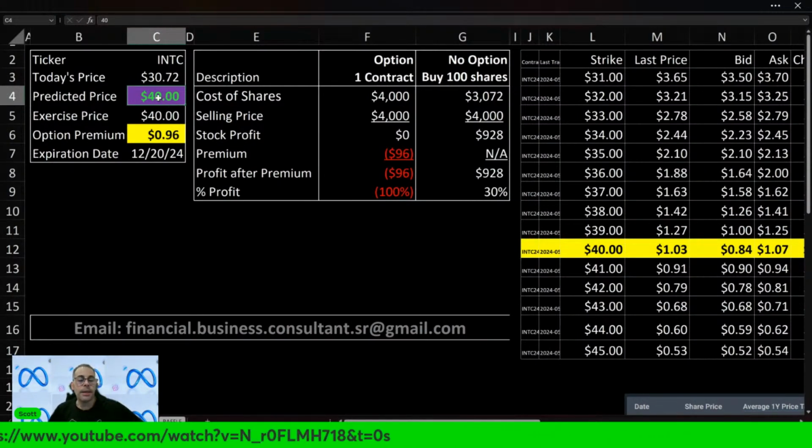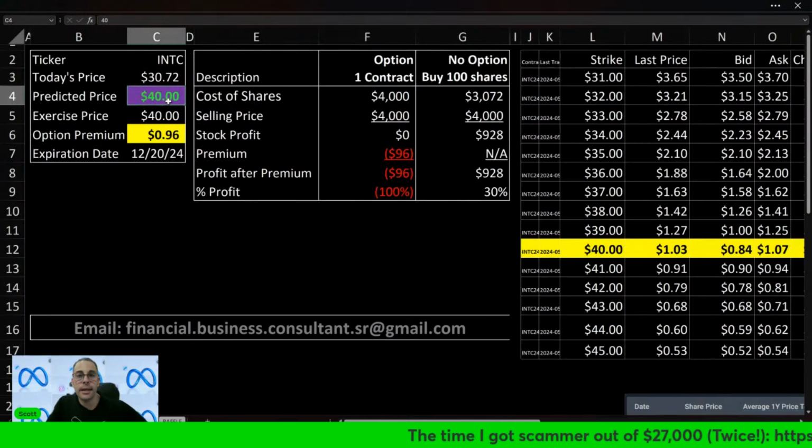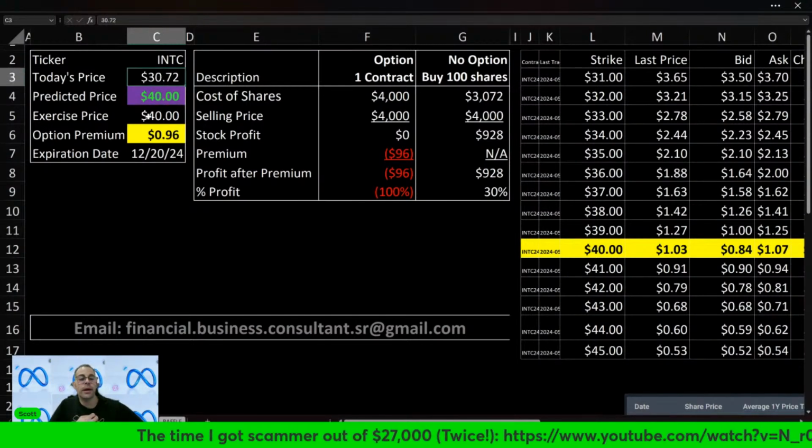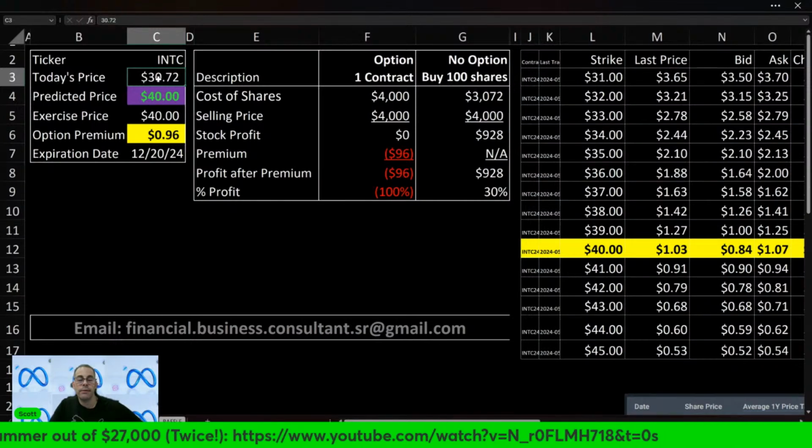So we would not exercise the option if the price was $38, because why would we buy it for $40 when we could just buy it for $38? We would never exercise the option unless it broke through 40.